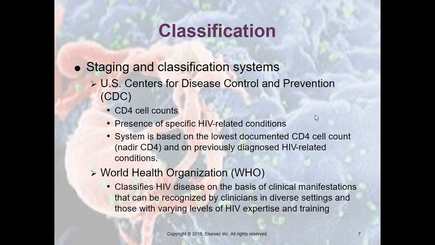The system is based on the lowest documented CD4 cell count, the nadir of the CD4, and on previously diagnosed HIV-related conditions. According to the World Health Organization, HIV disease is classified on the basis of clinical manifestations that can be recognized by clinicians in diverse settings and those with varying levels of HIV expertise and training.